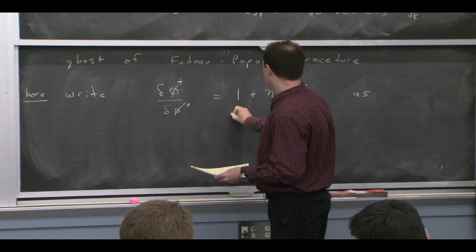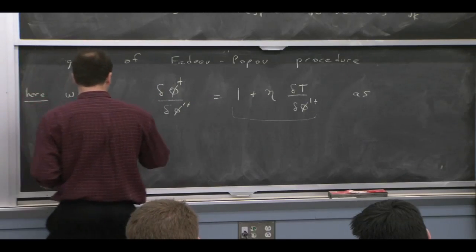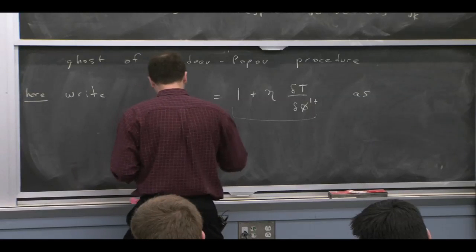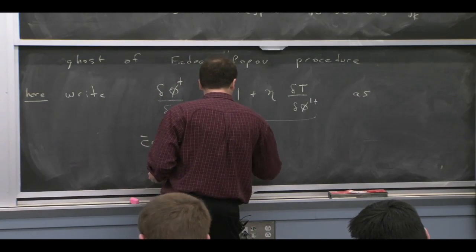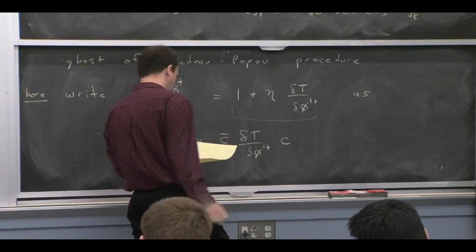And if you take this thing, which is sitting in the functional determinant, and you turn it into ghosts, then what you get is a term in the Lagrangian that looks like that.